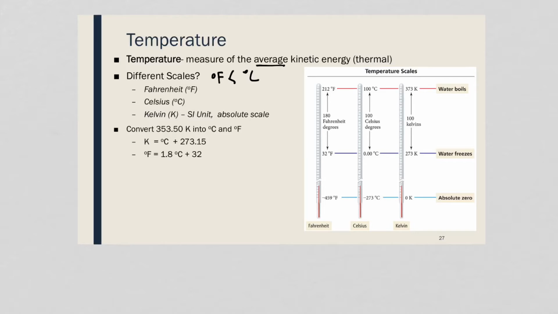If we look at the difference between the freezing point and the boiling point of water, that is 180 degrees Fahrenheit within that difference, but only 100 Celsius degrees. So the Fahrenheit degrees are smaller.